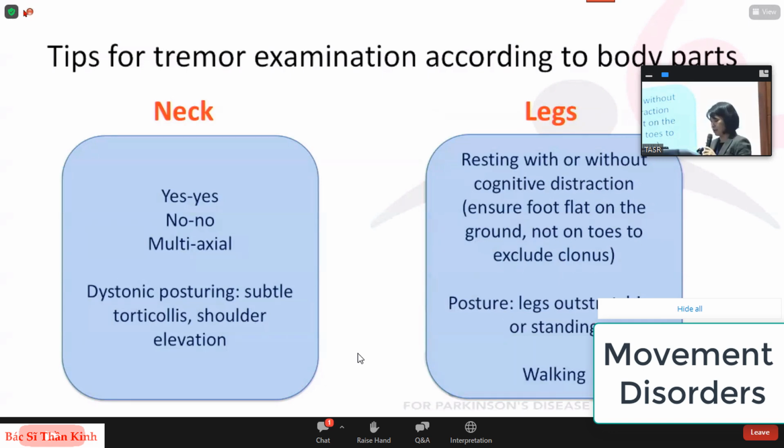You have to support the body part that you test, because if it isn't flat on the ground, when the patient extends the ankle, it might be clonus that you see, like a rhythmic movement. And for postural tremor, you can ask the patient to stretch out his or her leg, or stand. And the last one is to observe the tremor when the patient walks.